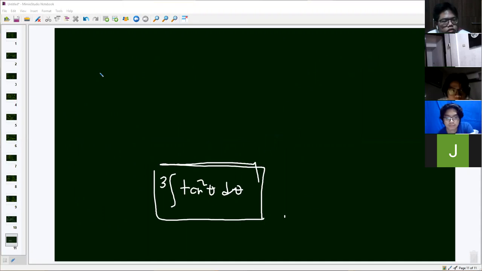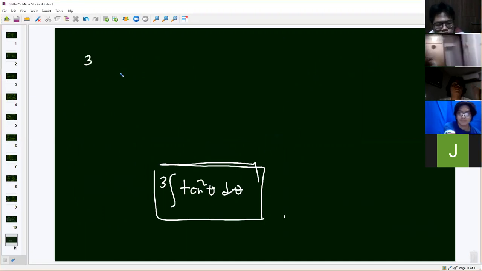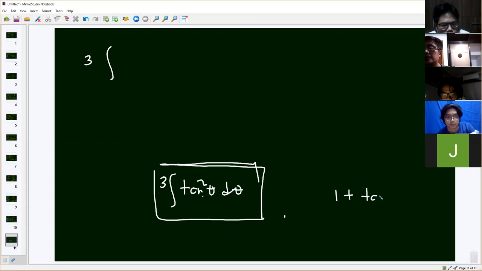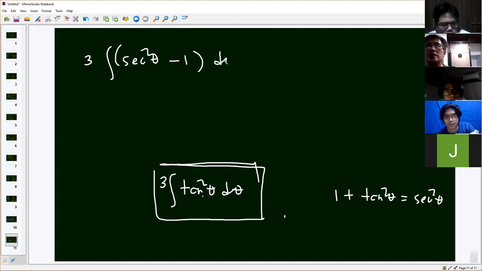So what we'll do is, laging maganda, you have to keep track of integrable forms, yung mga basic forms. So let's express tan squared as what? From the identity 1 plus tan squared equals secant squared, this would become secant squared minus 1 d theta.